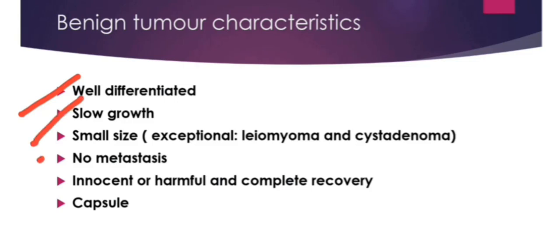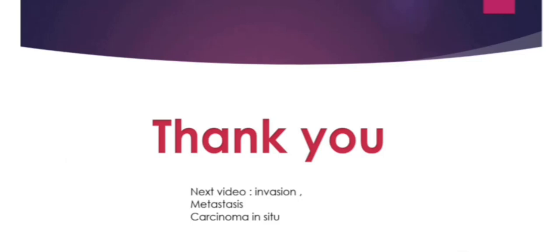Slow growth rate, small in size, no metastases, innocent according to its name, or if it becomes harmful, it will have complete recovery, and as it has well differentiated cells, it will have a capsule. So the characteristics of the benign tumor are capsule, innocent or harmful with complete recovery, no metastasis, small size, slow growth, and well differentiated.